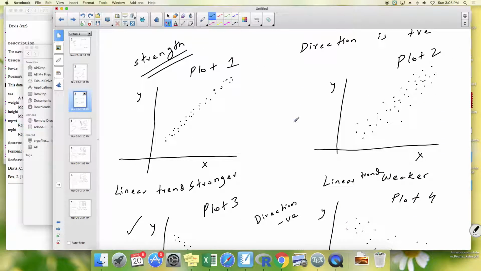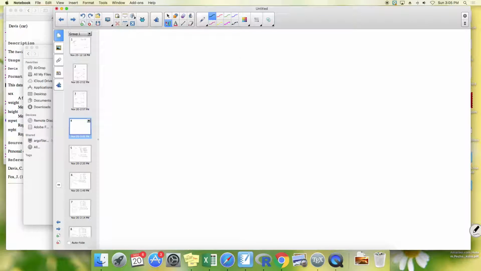So these are two concepts, direction and strength. Now let me introduce something called the correlation coefficient.